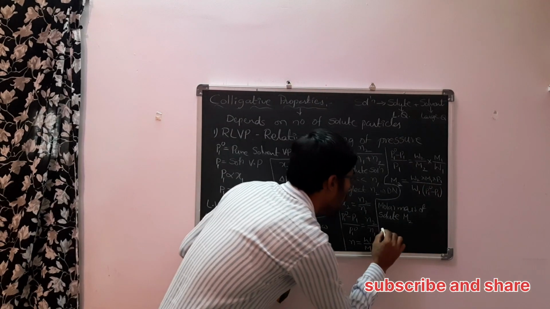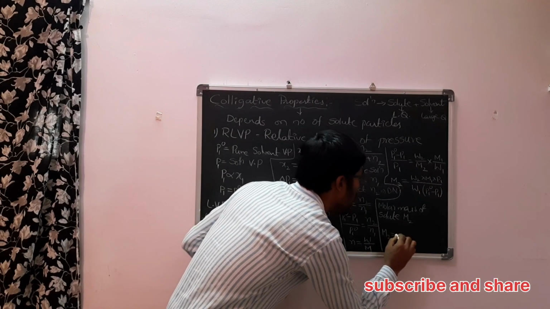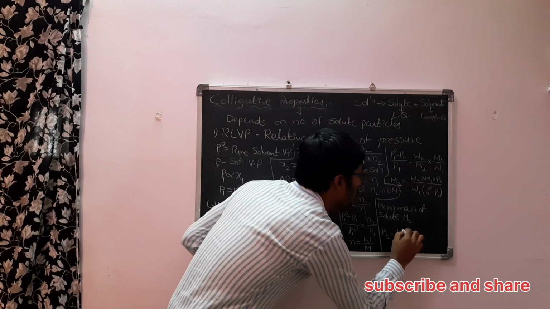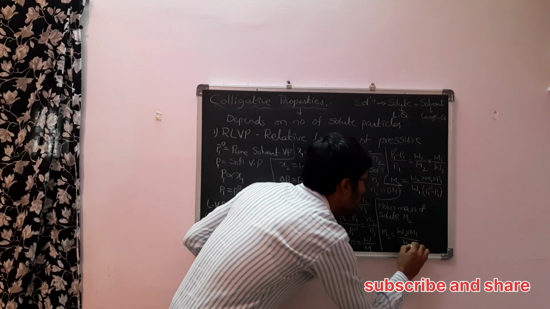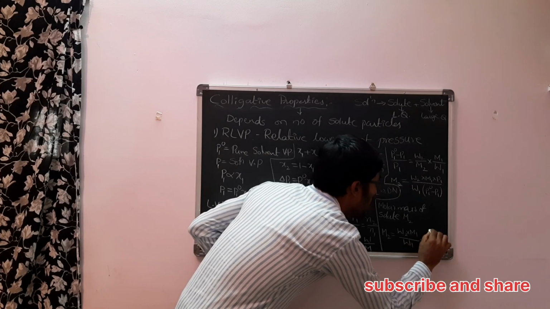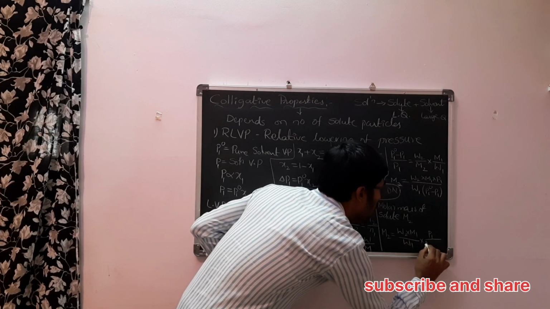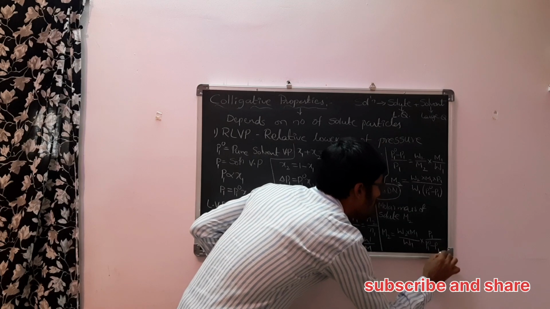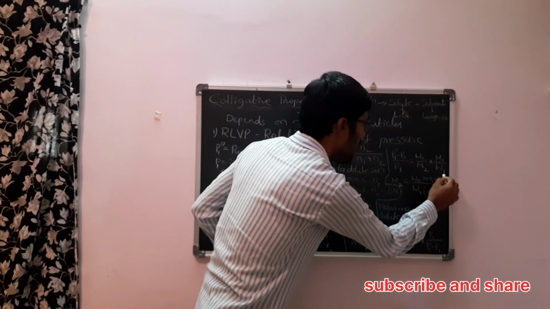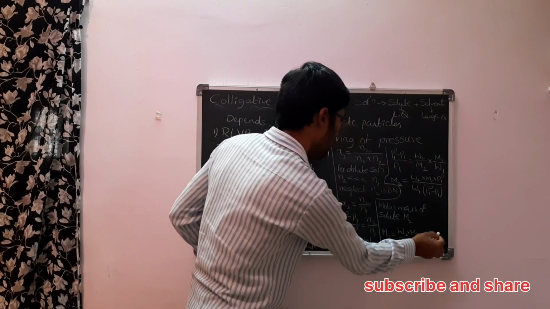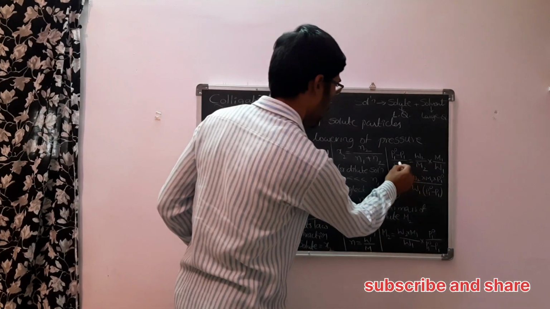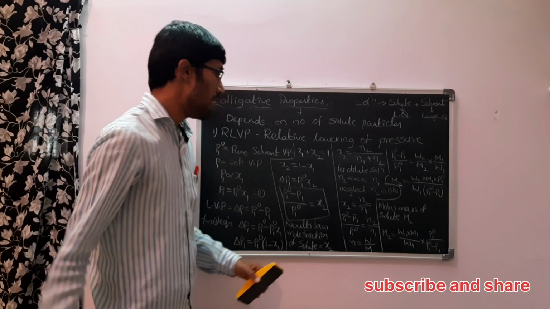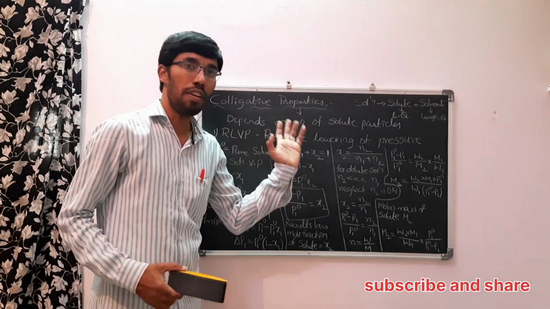So simply we write M2 is equal to W2 into M1 by W1 into P1 by P1 naught minus P1. It is the relative lowering of vapor pressure.